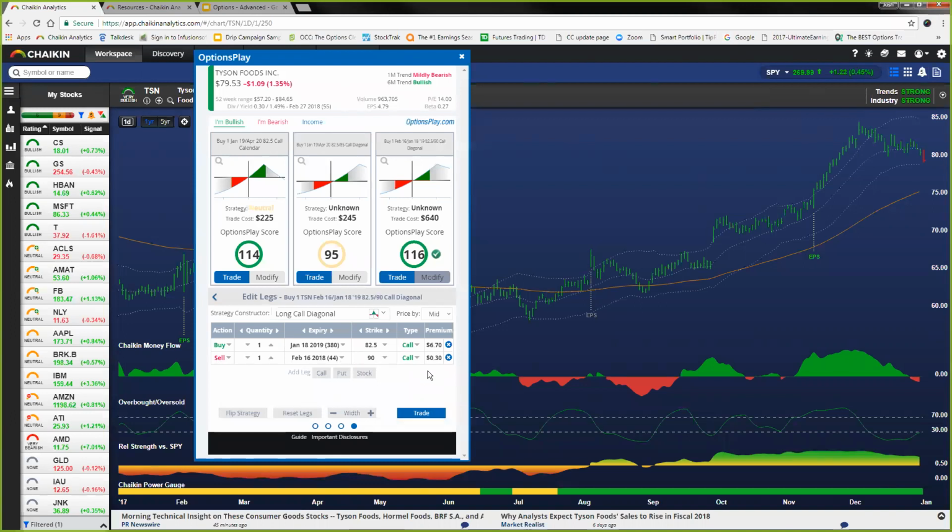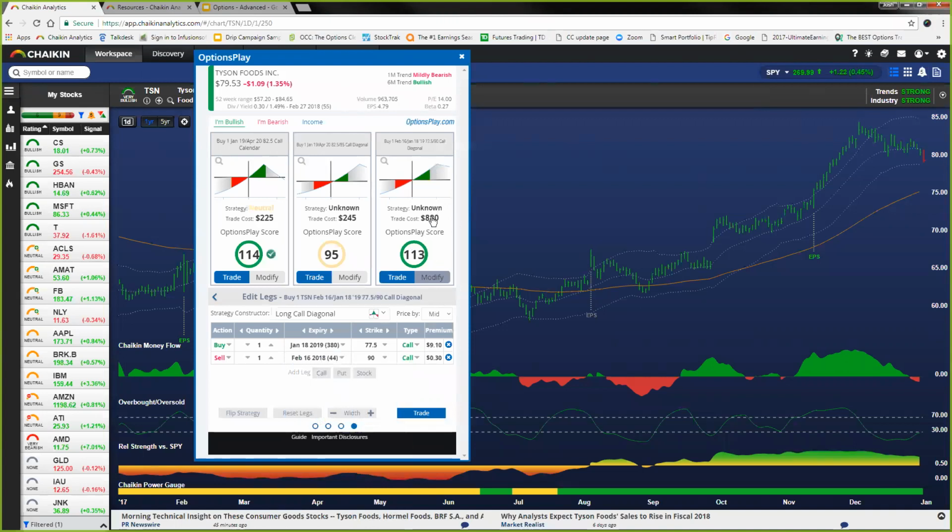All right, and yes, you can roll the short leg. I think that answers those questions. I think it's easier and more profitable to do these. It does cost more if you go deeper in the money. So instead of the 82.5, whoops, we could do maybe the 77.5.